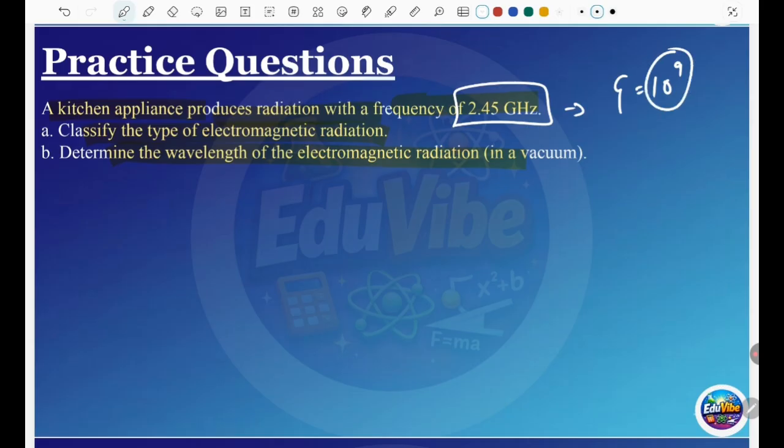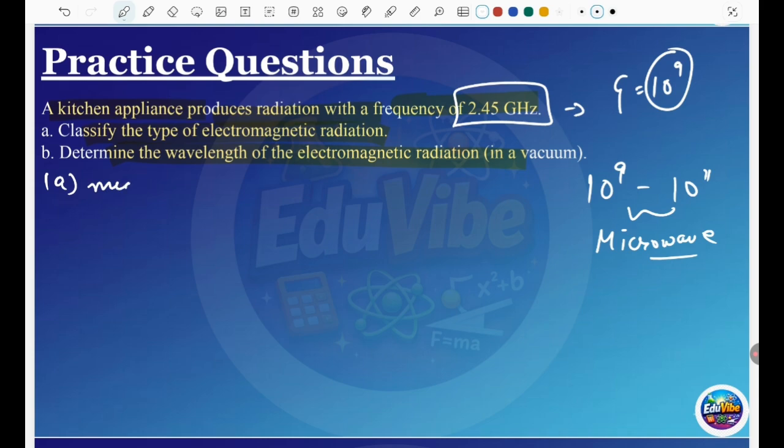In your spectrum table, the range of 10 raised to power 9 to 10 raised to power 11 is where you have microwaves. So with that frequency, the type of electromagnetic radiation is a microwave.